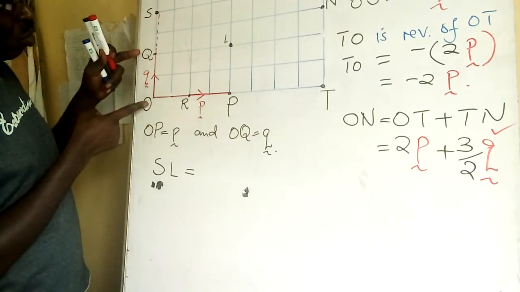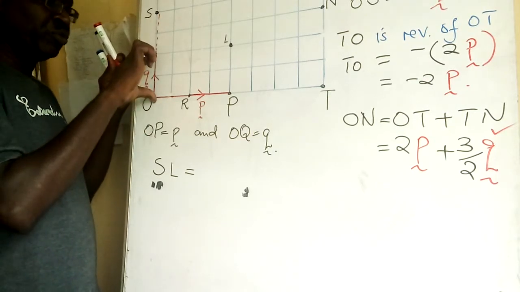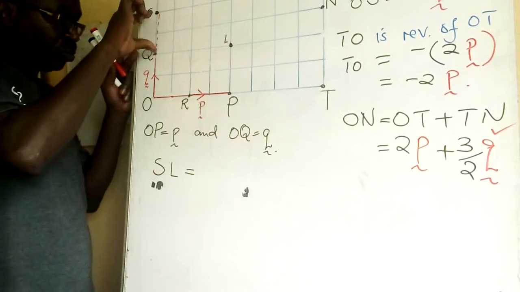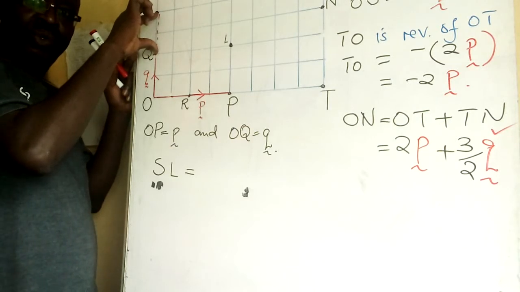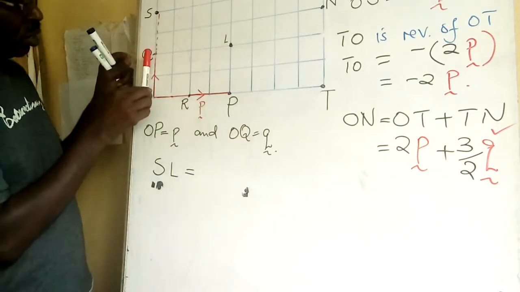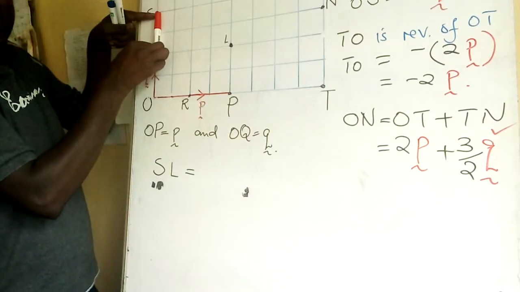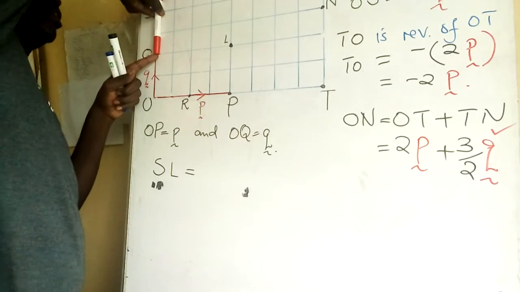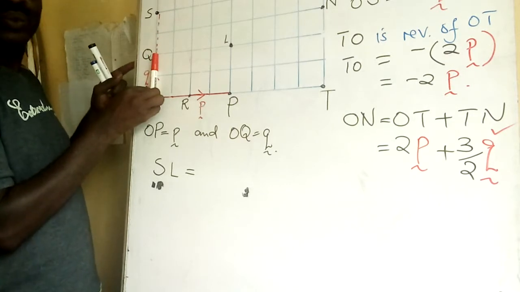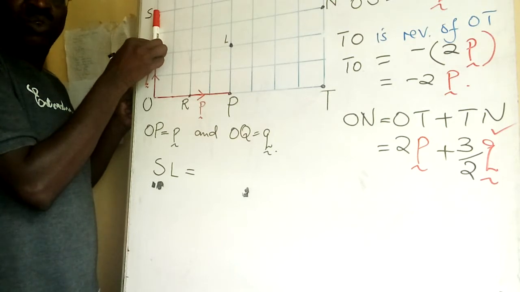So if OQ, this movement up is Q, then even this from here to here, from Q to S will be still Q. But now I'm asked SQ. This movement is Q, which is the same as this. But now I'm being asked this. Look at the arrow. Going up is Q. Even this is Q. Know equivalent vectors.